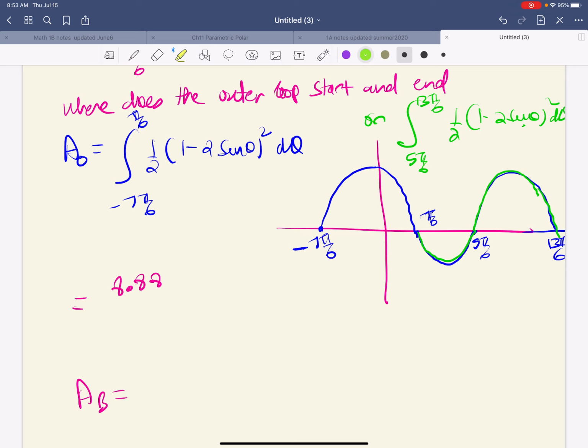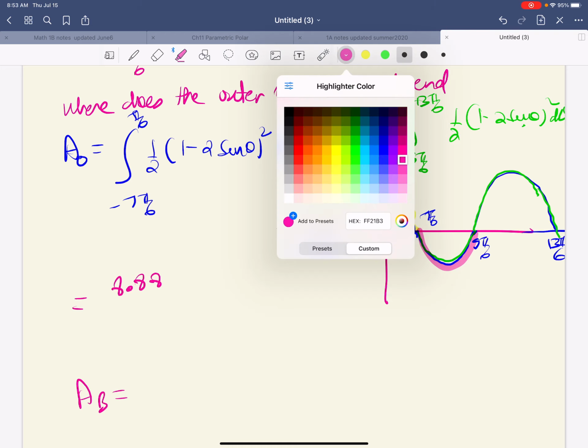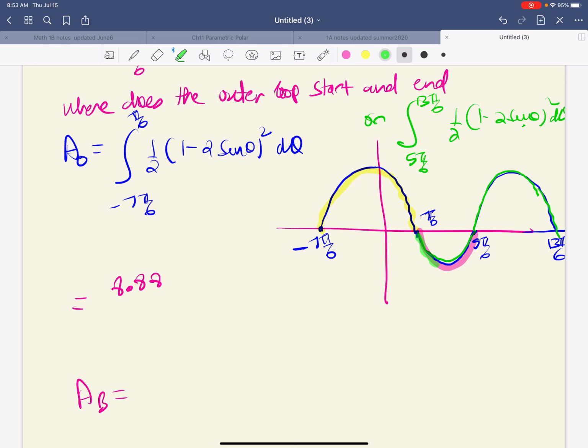Again, you can consider your outer loop going from here to here, and then your inner loop from here to here. Or you can consider your inner loop from here to here and your outer loop from here to here. Both ways are fine, because your curve is tracing over and over the same region, and there are many more values you can use if you continue the curve on the left and right hand side.